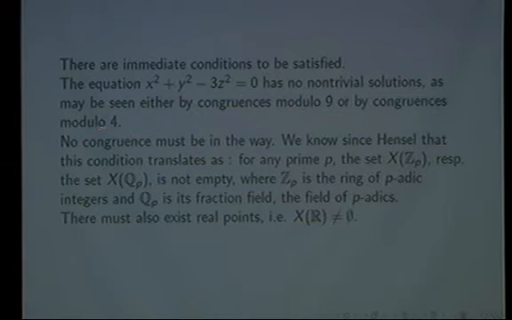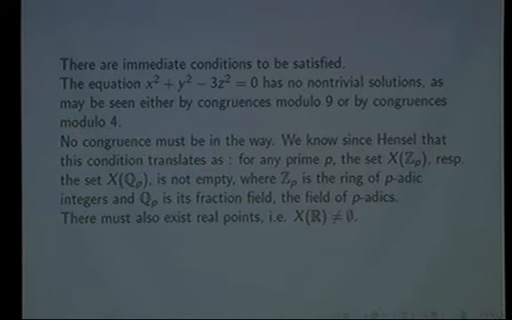Okay. Now, this necessary condition for the existence of solutions is that no congruence must be in the way. And since Hensel, so this is the beginning of the 20th century, we know that this condition about congruences translates as a condition in terms of fields.